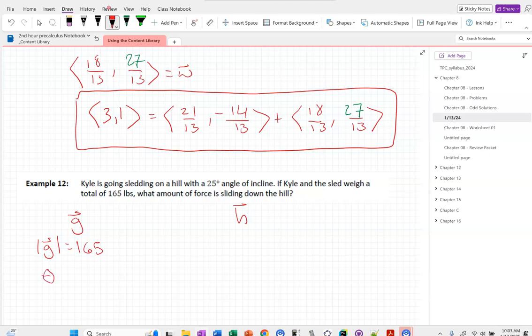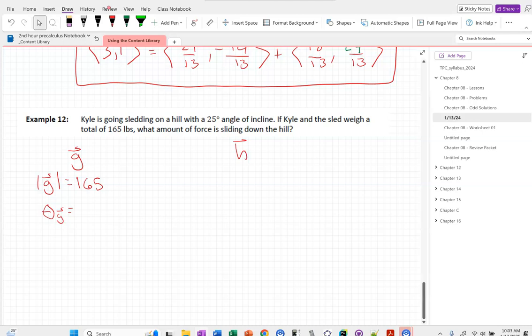And the direction for my gravity vector is going to be the angle. So let's think about our situation. There's my gravity vector. So the direction there is 270, right? From the picture I drew, we're going straight down.